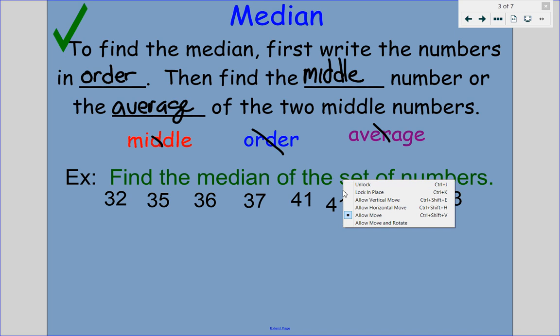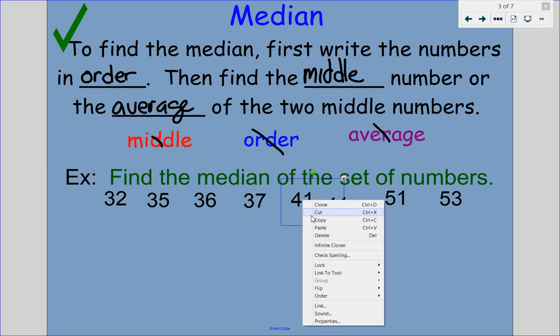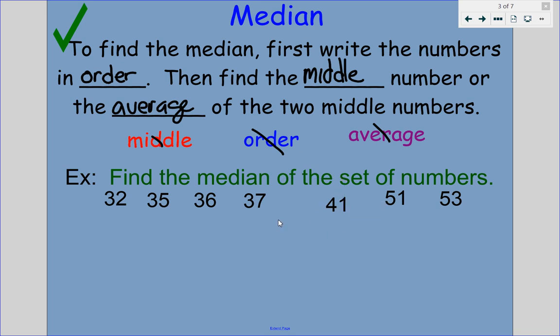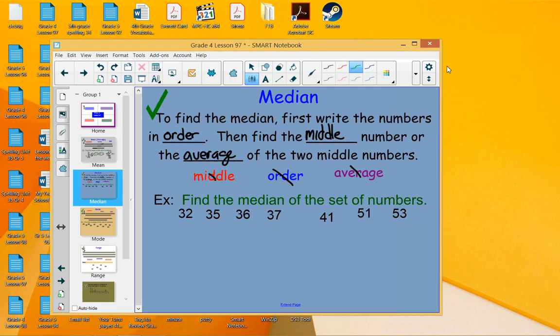I'm going to unlock it, and then cut it. It's no longer there. Let's move it down a little bit.